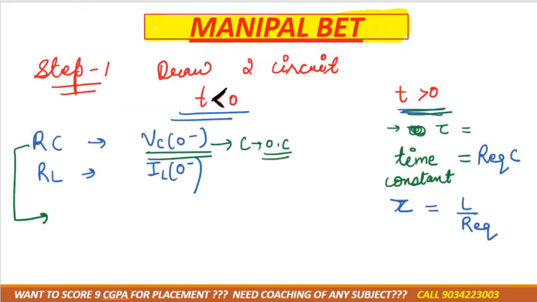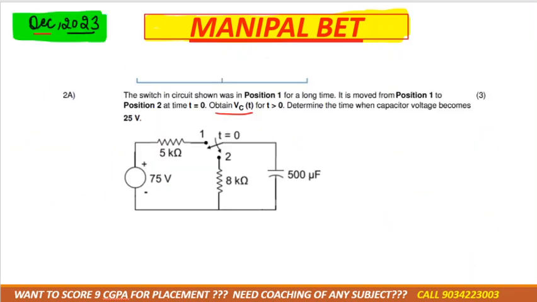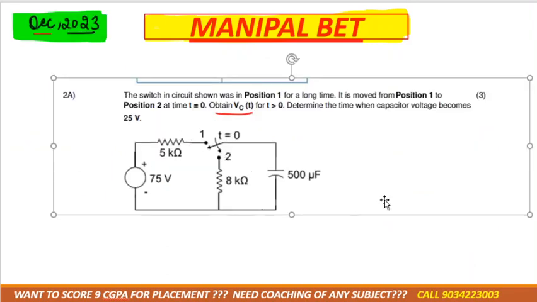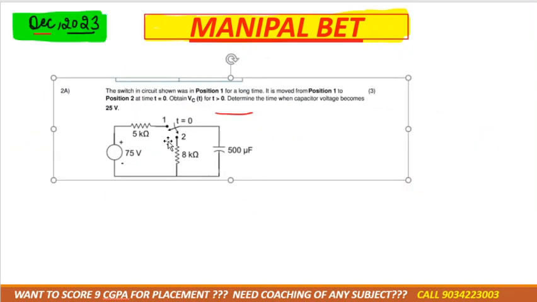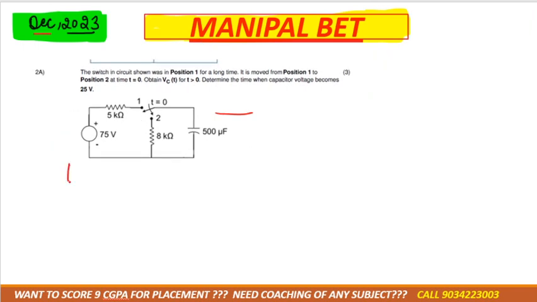Whenever you get a transient, as I told, step number one: draw the circuit, for before and after the switch. At t equal to 0, the switch function, right?